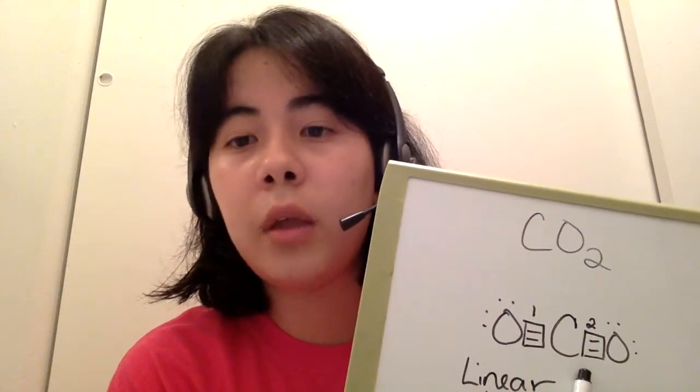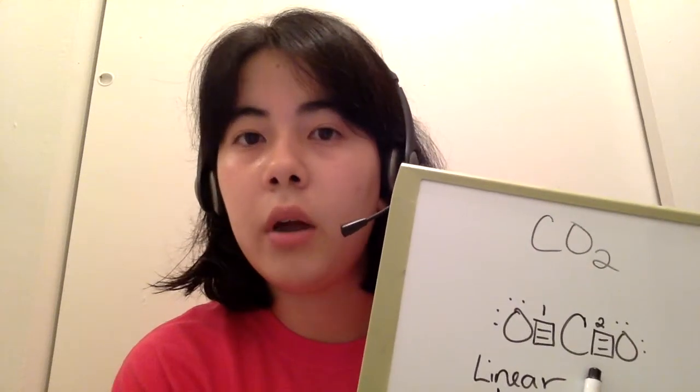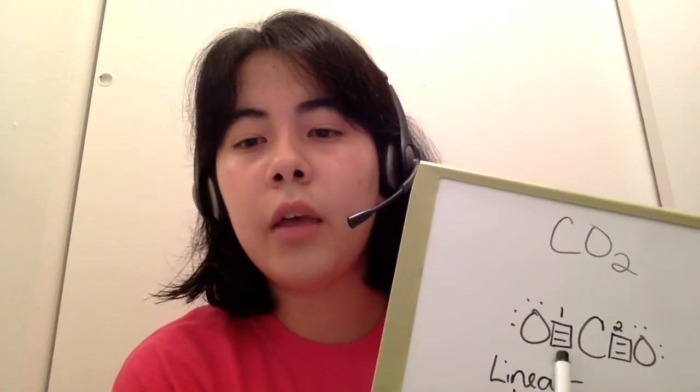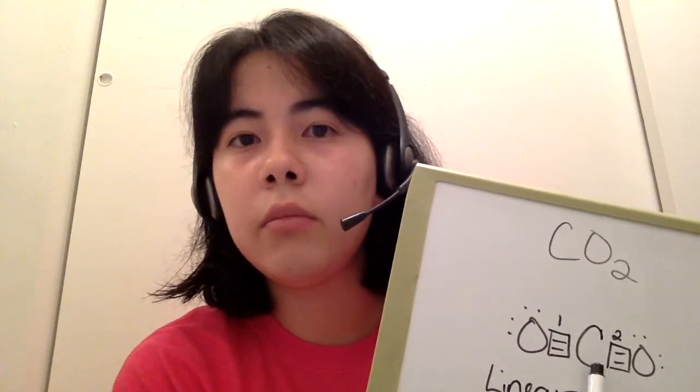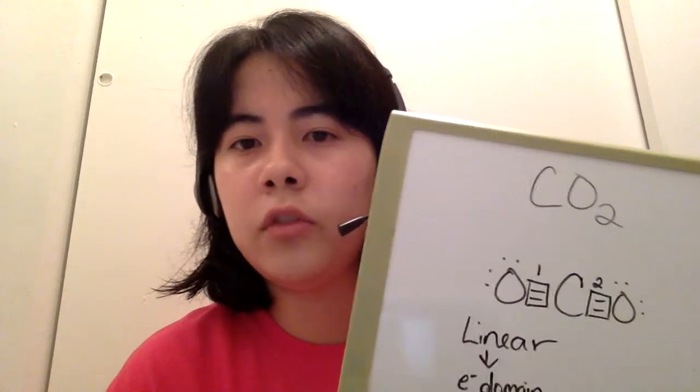Do not count them as two pairs. Those just count as one. So in our case of CO2, we have two bonding domains. So we have two bonding domains within CO2.